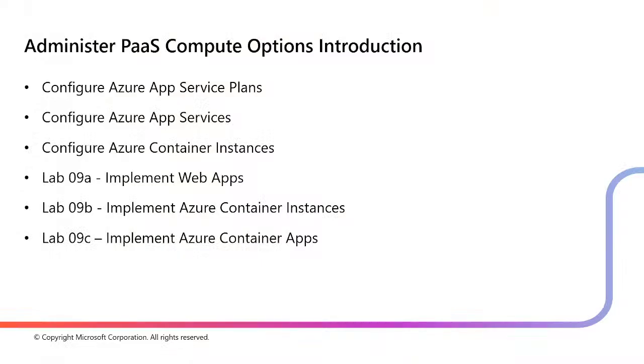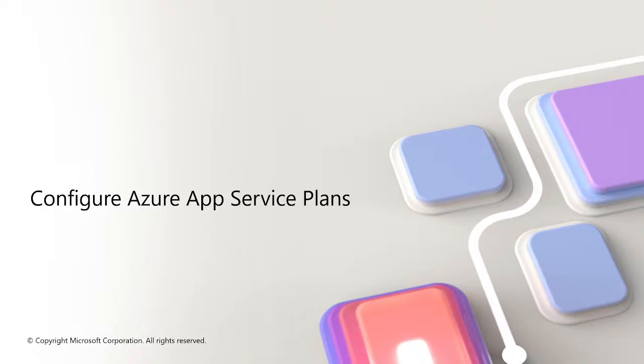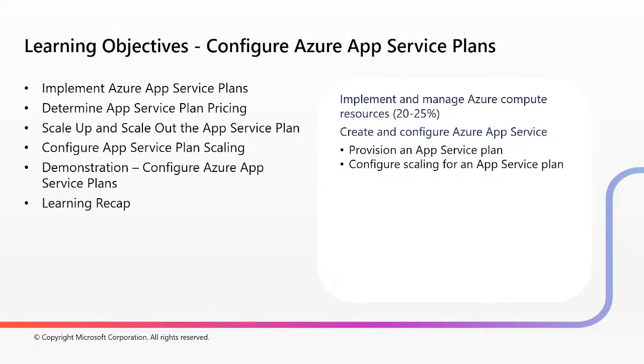Let's start with the App Service plan. So what are we going to look at? We are going to look at how to implement the App Service plan. We're going to determine App Service plan pricing, scale up and scale out of your App Service plan. So here in this case, you can see we are not just scaling out and in. There are options to scale up. You say, this App Service plan, we created Basic, and the Basic can only host maybe 5 web applications.